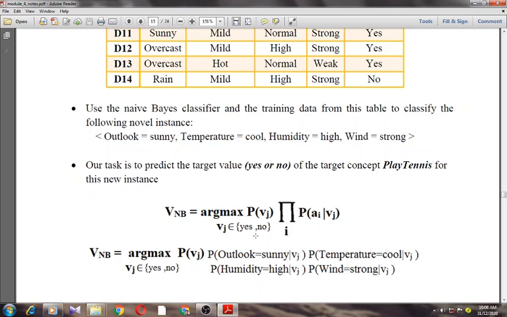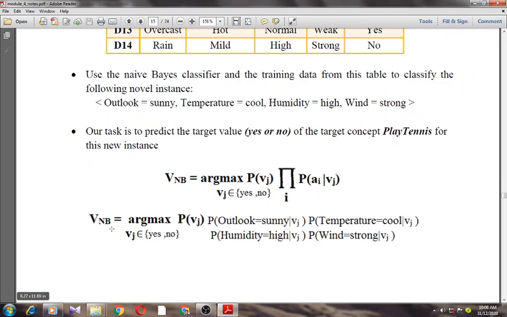Which in turn is given as V_NB equal to argmax P(Vj) times P(outlook equal to sunny | Vj), P(temperature equal to cool | Vj), P(humidity equal to high | Vj), and P(wind equal to strong | Vj), where Vj belongs to yes or no.